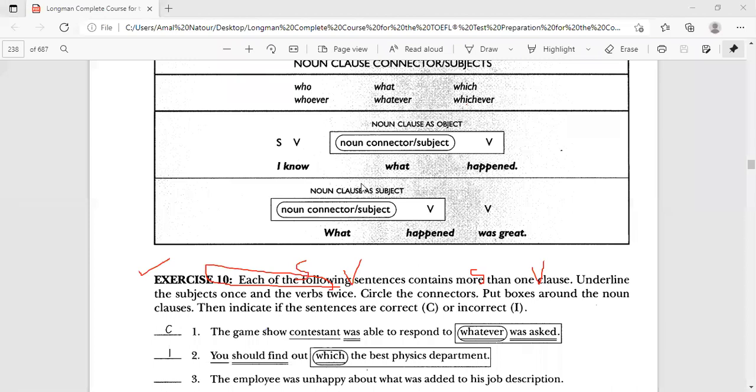Yes, which here plays the role of a subject. After the subject I need a verb. I have to say you should find out which is the best physics department, because after the subject I need a verb. Then this is incorrect. Right. Let's now answer them together.